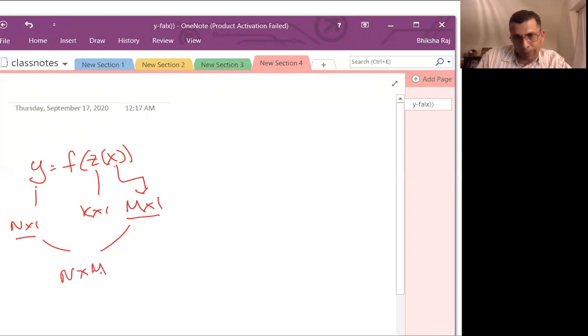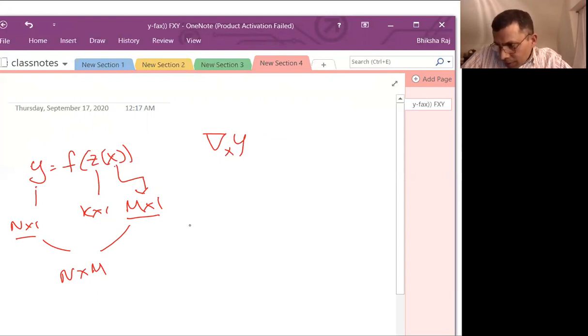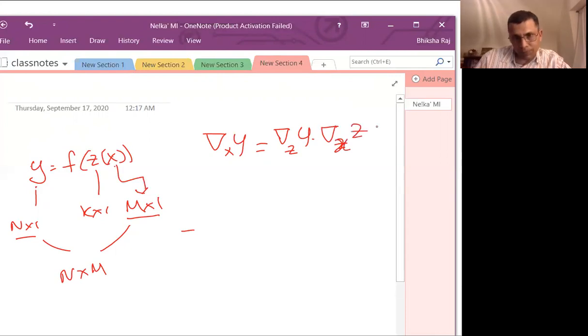This much we know. Now the chain rule says that the derivative of y with respect to x, which is actually a Jacobian, can be computed as the derivative of y with respect to z times the derivative of z with respect to x.